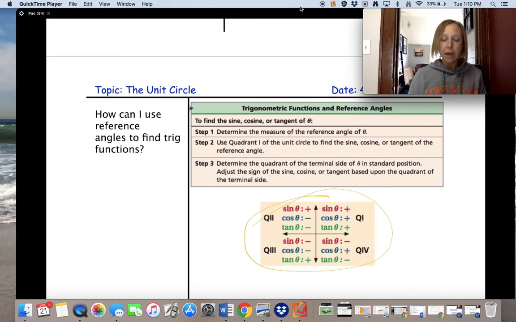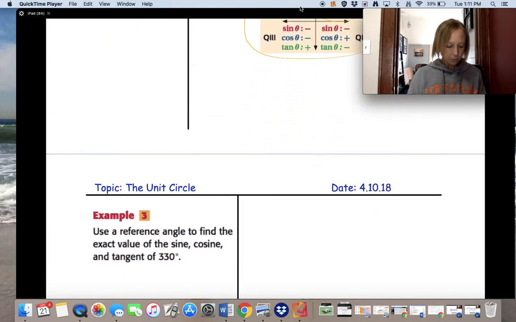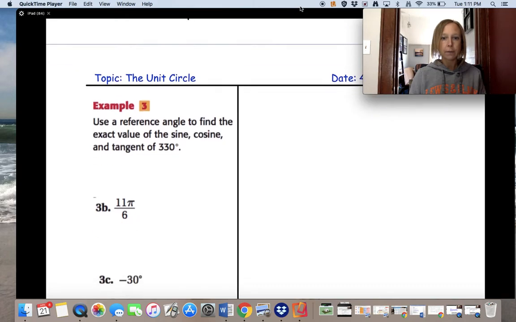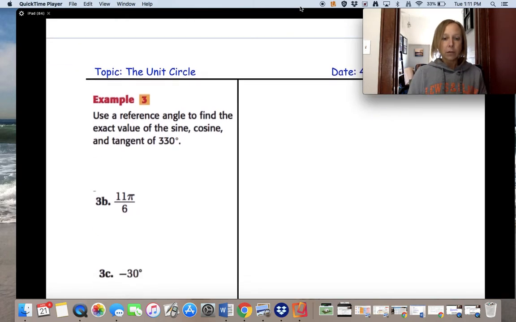What's positive, what's negative, and we can just apply the correct sign to what we're seeing in the first quadrant. All right, so let's just try one. First thing we're going to do is find the sine, cosine, and tangent of 330 degrees. And we're going to do this using a reference angle.